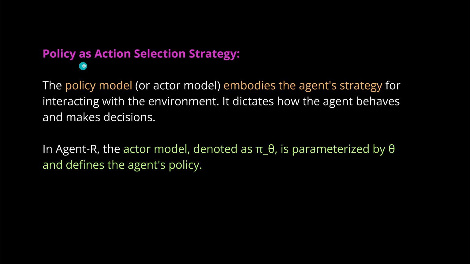Then you see policy as action selection strategy. Now, the policy model or the actor model, and don't worry, this is the same, embodies here the agent's strategy for interacting with the environment. It simply dictates how the agent behaves and makes its decisions. This is true for robotics, this is true for reasoning. So in the agent literature, you will find not the policy, but you will find the actor model as a technical term.